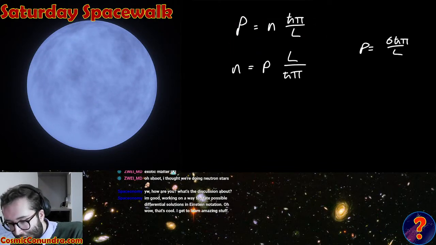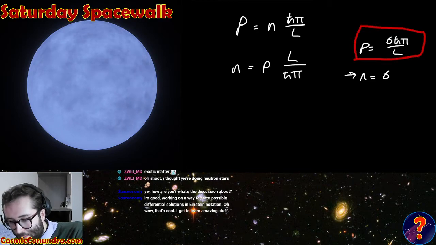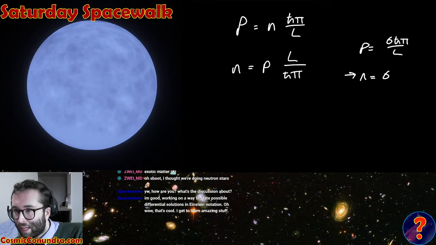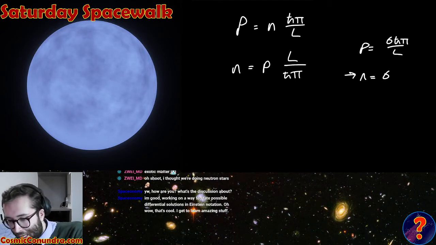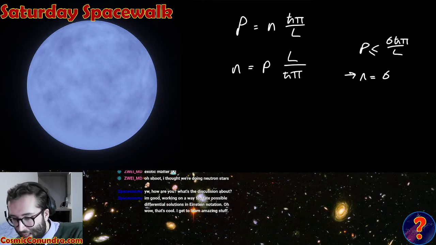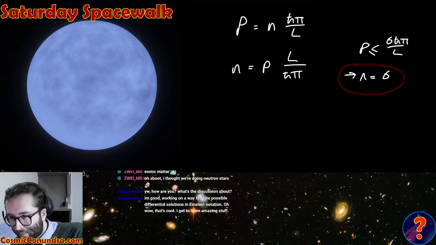If you put that in, you would find n is equal to 6. So up to this momenta, there are 6 possible states your particle can have. Technically I should say, if it has a momenta that is less than or equal to this amount, then there are 6 possible states.